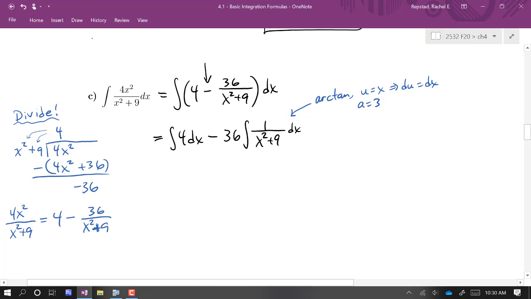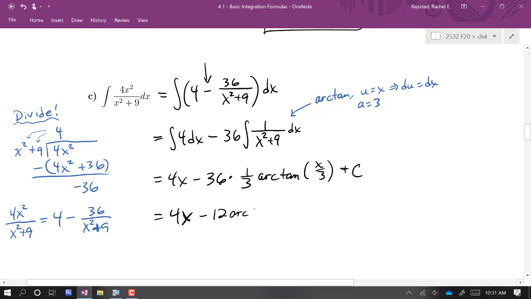So now integrating, we have 4x minus 36 times, this integral is 1 over 3 arctan x over 3 plus a constant. And now I'm just going to clean it up a little. 4x minus 12 arctan x over 3.